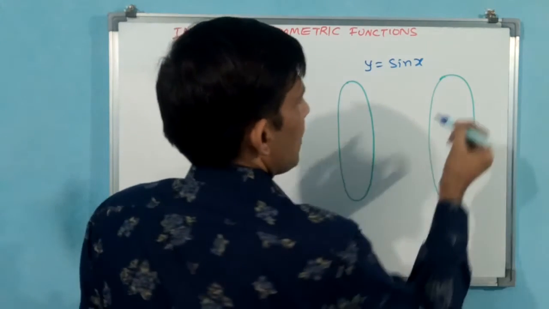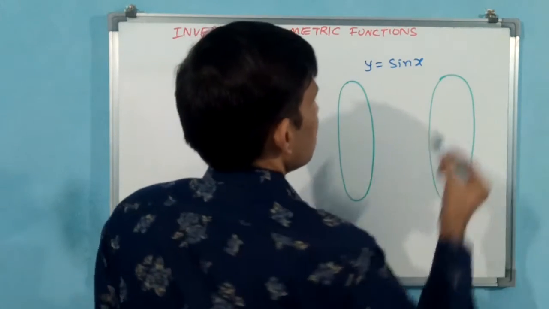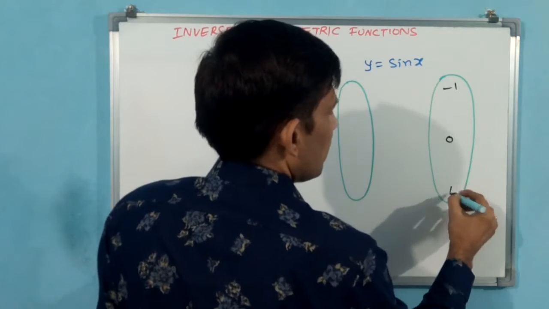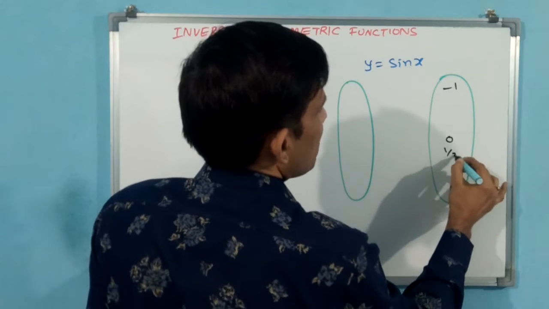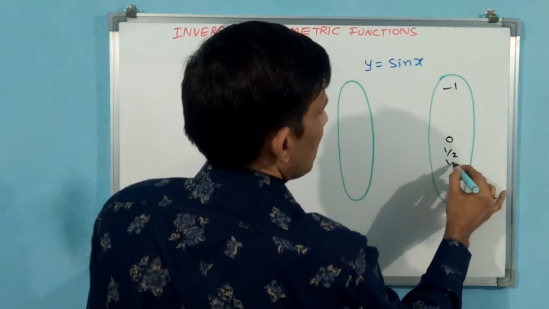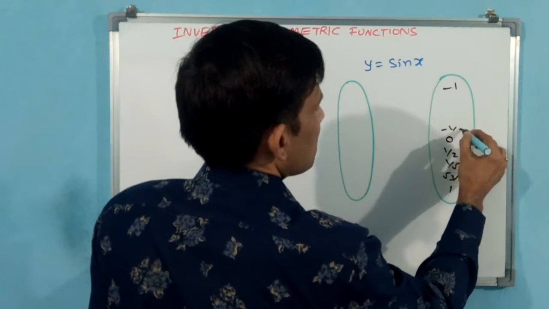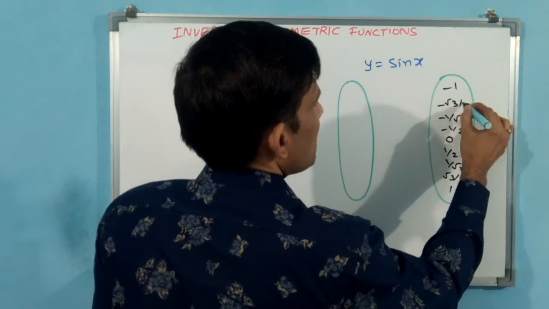Now I am writing here. You see what I am writing: -1, 0, 1, 1/2, 1/√2, √3/2, -1/2, -1/√2, -√3/2, 1.